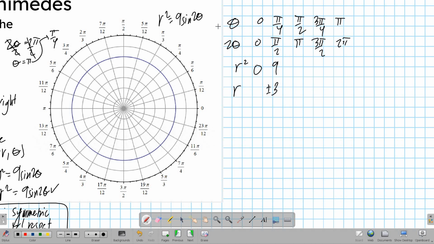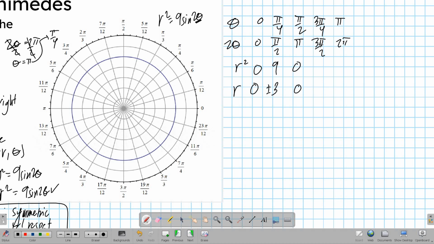So then we'll get sine pi here. Sine pi is 0 times 9, 0. Write 0 here. So sine 3 pi over 2, this 2 theta is 3 pi over 2 here already.